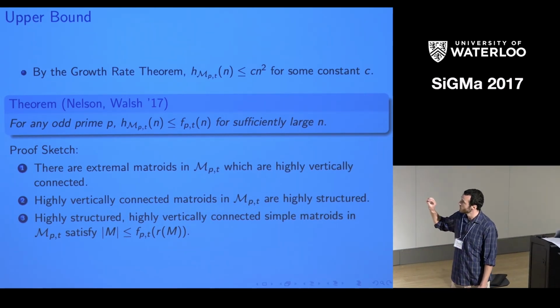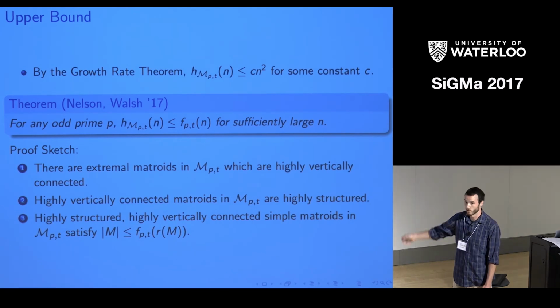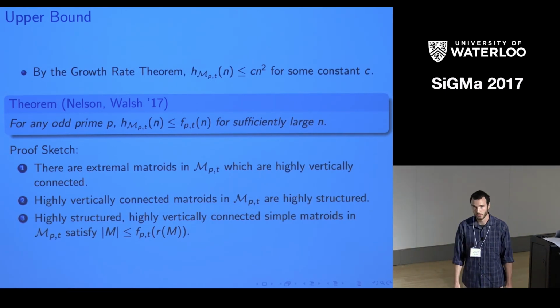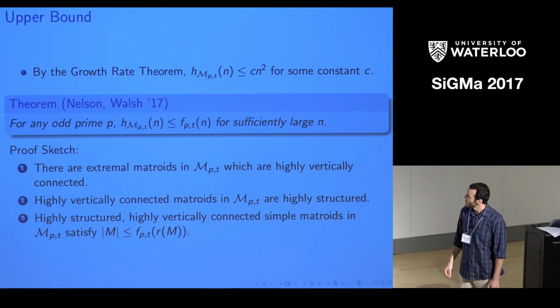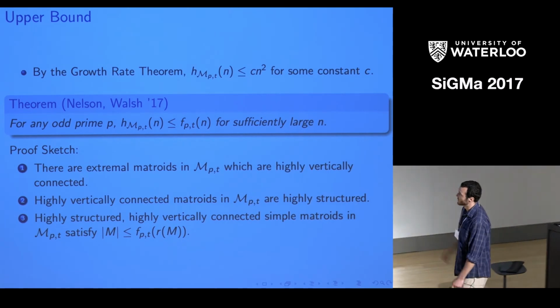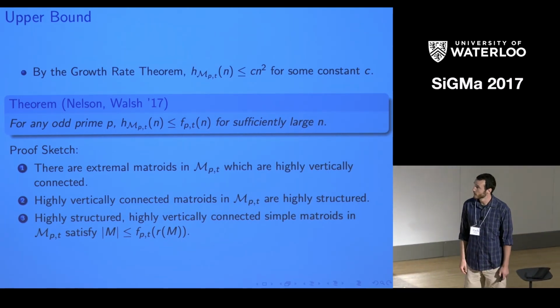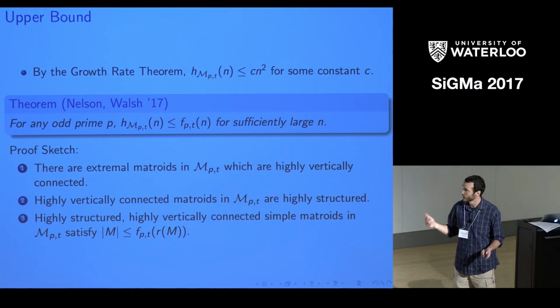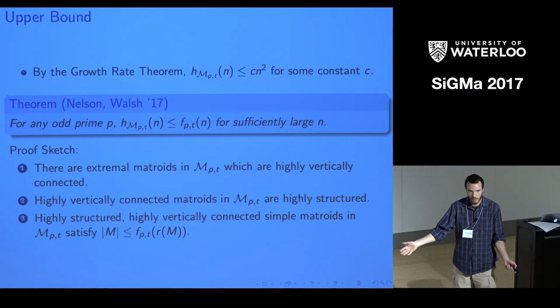And step 1 just follows from the growth rate theorem and a theorem of Geelen and Nelson on quadratically dense minor-closed classes of matroids. And the reason we need step 1 is so that we can apply the matroid minor structure theorem. Kevin just talked about this, and it basically says that the highly vertically connected matroids in our class are highly structured. They conform to templates.